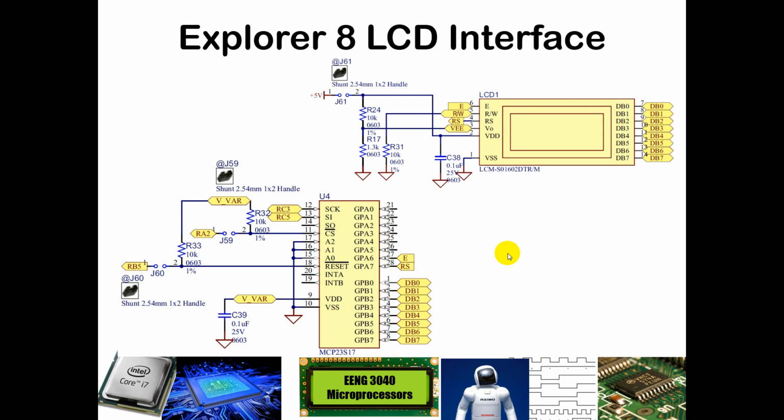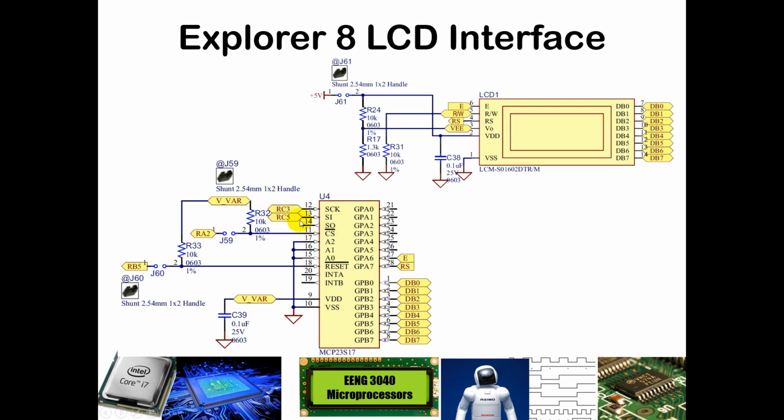However, the Explorer 8 board has a very different setup using this MCP23S17. The datasheet for that chip is also available on Canvas, and you can easily find that through a Google search as well. What this is effectively doing is using serial communication to set up what we have for our data or instruction and what we have for our E and our RS.